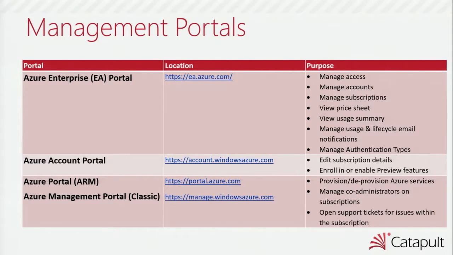The Azure Account Portal is where you would edit subscription details, enroll in new features that are coming up in Azure, and make them available to these portals at the bottom. And then the Enterprise Azure Portal at the top is really where you manage your tenant. You manage the access to it, you manage accounts, and your subscriptions are managed through that portal.